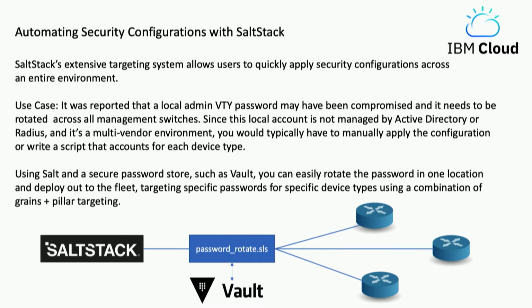And so one of the things we're working on is changing that with Salt, and leveraging Vault as well to store those passwords to easily rotate them. So now in one place you can rotate the password and it will get replicated out to your entire environment.